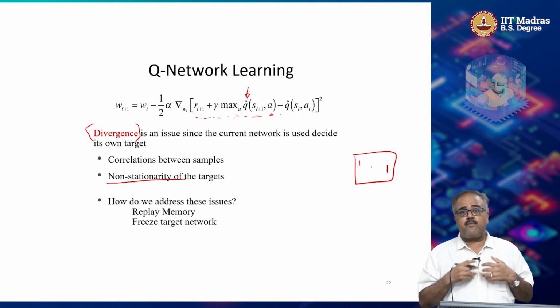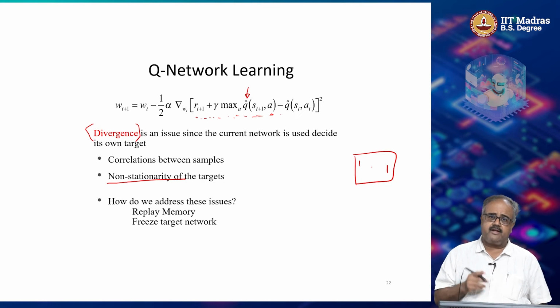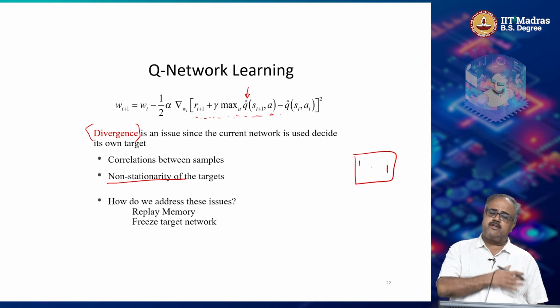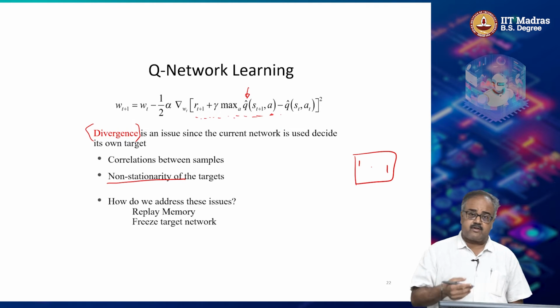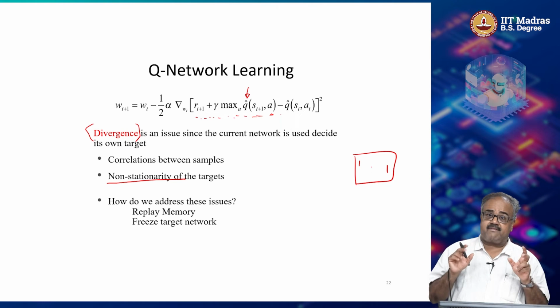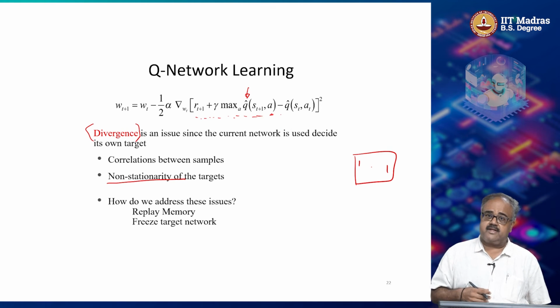So this was actually one of the biggest problems that people had using neural networks earlier for Q learning. It's not something that is peculiar to the DQN architecture. In fact, whatever we are talking about now as fixes for the DQN architecture were introduced for multi-layer perceptrons.